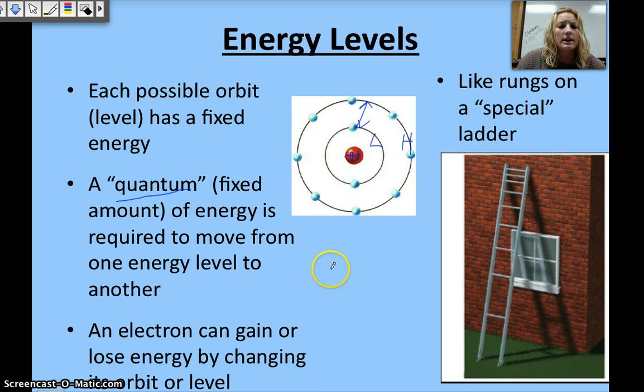And an electron can gain or lose energy by jumping back and forth, but it's important to notice that these are like rungs on a special ladder. These energy levels are not all evenly spaced. So sometimes if you're way out here, you may only have to jump that far. You're not changing very much of your energy. But if you're having to make this leap, there's a lot of energy change going on there.